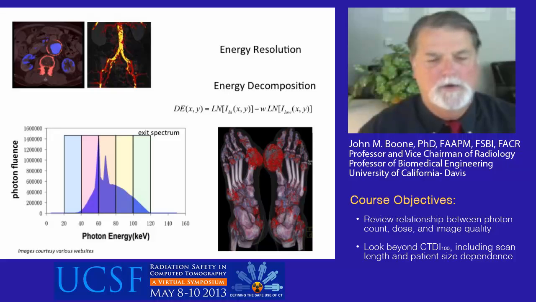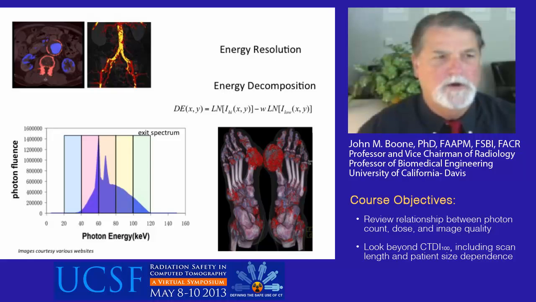On the lower right image, you can see how dual energy imaging is used to render gout in this severely afflicted patient's feet. Energy decomposition will have some value in CT when we get to this photon counting reality. Currently, there are CT scanners that can do dual energy imaging in an energy integration mode.